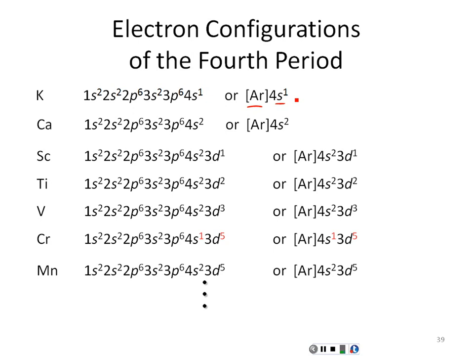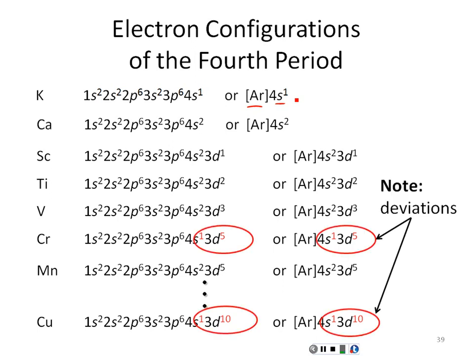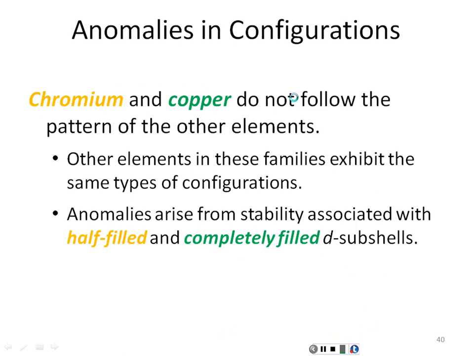Okay, this all follows, again, the same pattern until we get to copper. And now copper, there's another deviation. We go 4s1 3d10 instead of 4s2 3d9. So these are very important deviations in the rules that you should remember. And why is that? Well, chromium and copper, they don't follow this pattern.